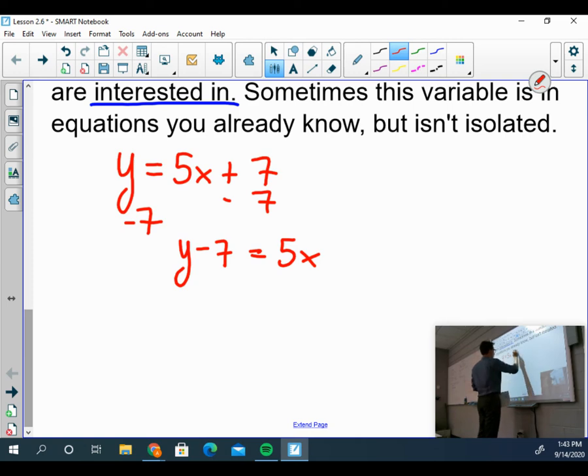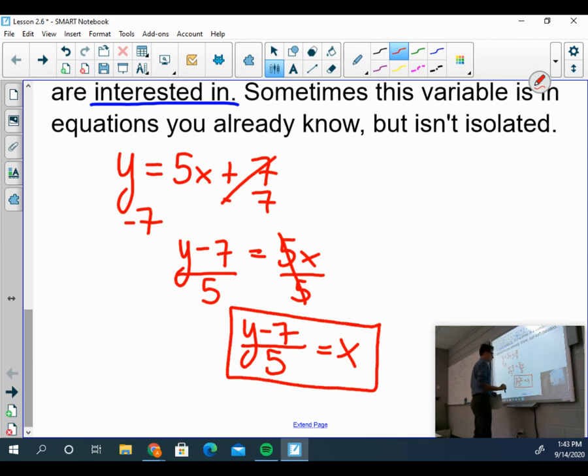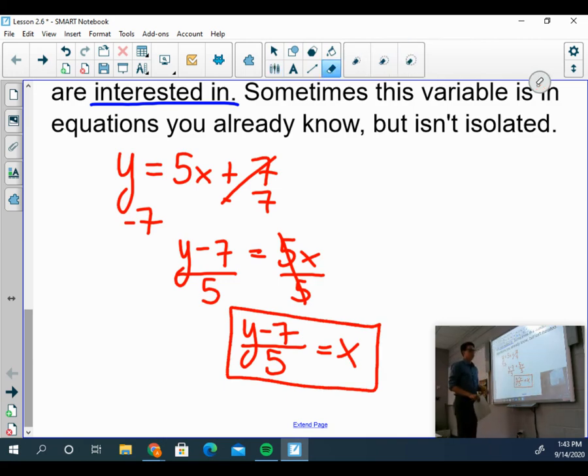So I subtract 7 from both sides, then I divide both sides by 5. Again, no more simplification I can do on the left here. So y minus 7 over 5 will equal x.